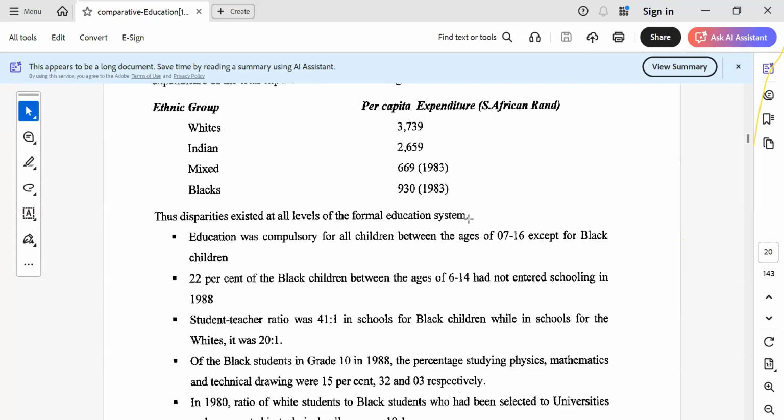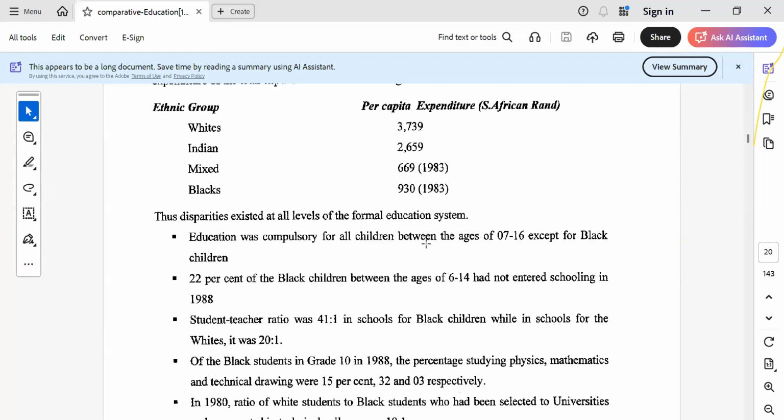So they are showing discrimination against black people. 22% of black children between ages 6 and 14 had not entered schooling in 1988, very recently, though blacks are 71.2% of the population. The student-teacher ratio was 41:1 in schools for black children, but for whites it was 20:1.